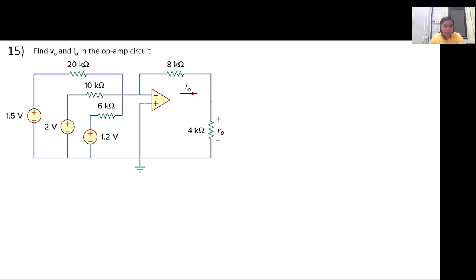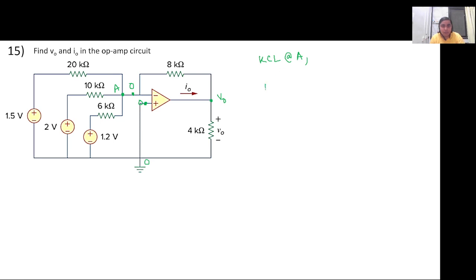This non-inverting terminal is connected to the ground, which is 0 volt. So the node voltage here is also 0. Now at this particular junction A, we can apply the KCL. This node voltage is V naught.